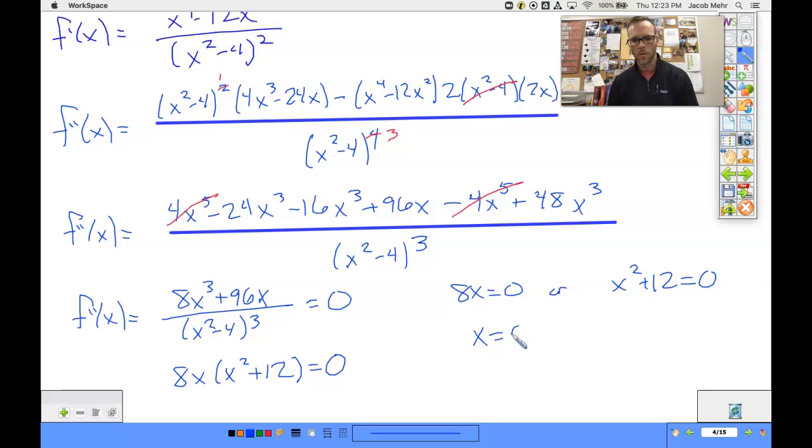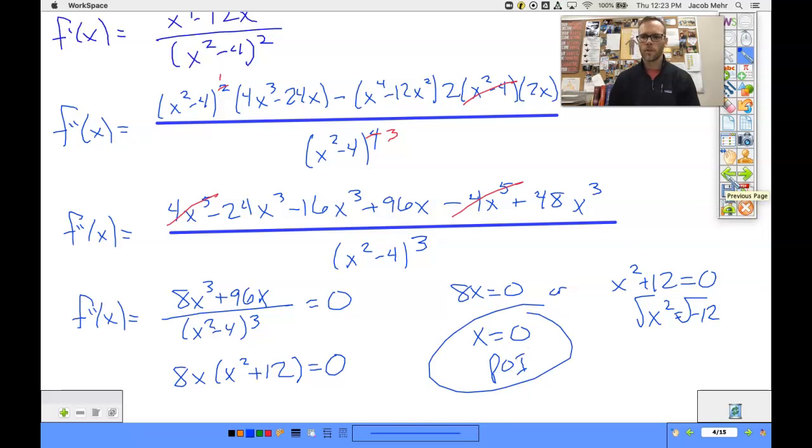So I get x equals 0. Over here, I would have x squared equals negative 12. I would take the square root, and that's not real, right? That's a non-real solution, actually 2 non-real solutions. And our points of inflection have to have real x values. So this is our point of inflection.